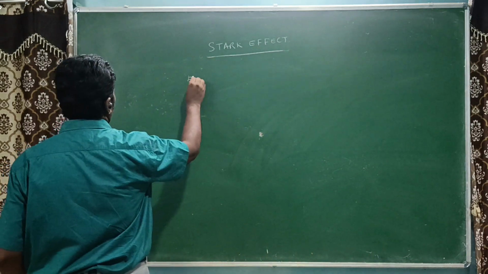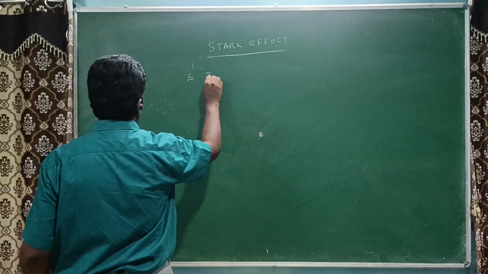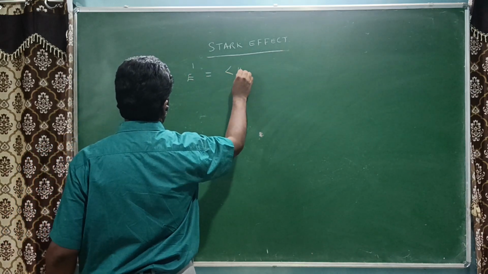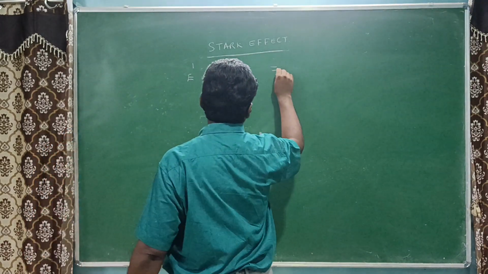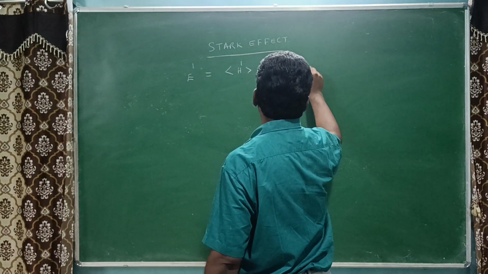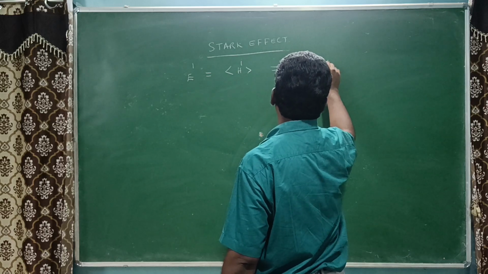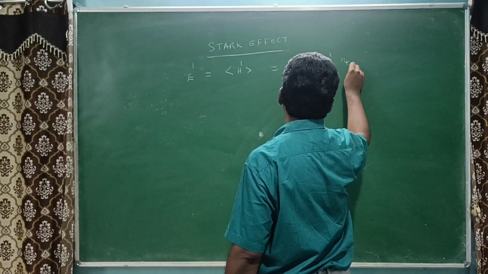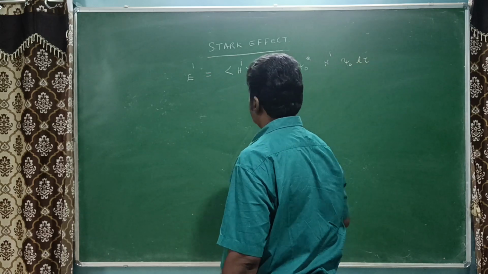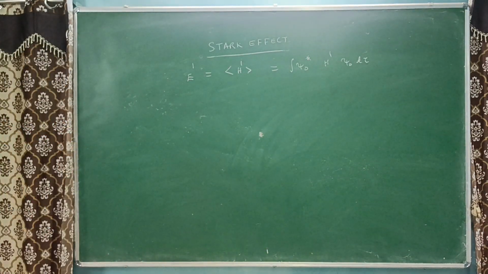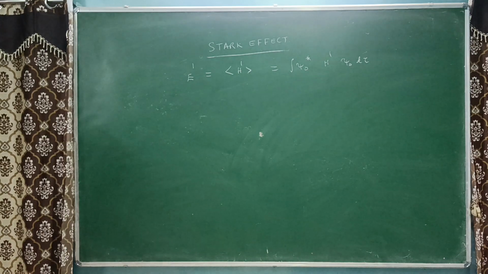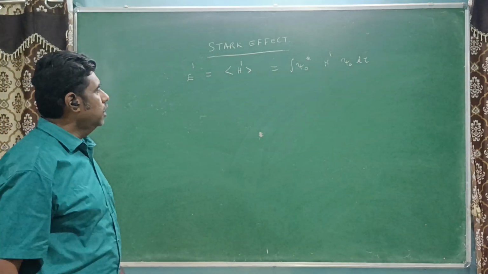The value of E1 is the expectation of H1 in the ground state. This is equal to integral of psi 0 star H1 psi 0 d tau. This is the value of the first order energy correction. We proved the same in the perturbation theory.